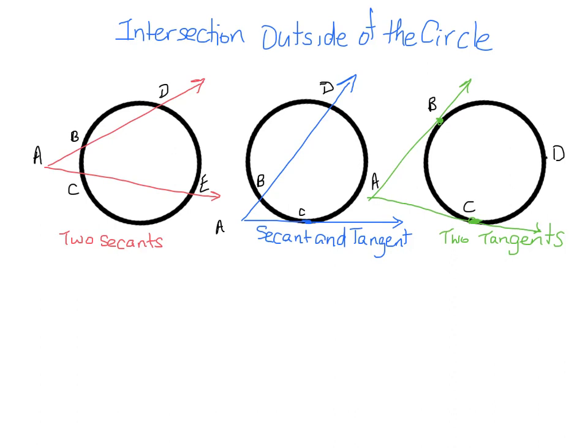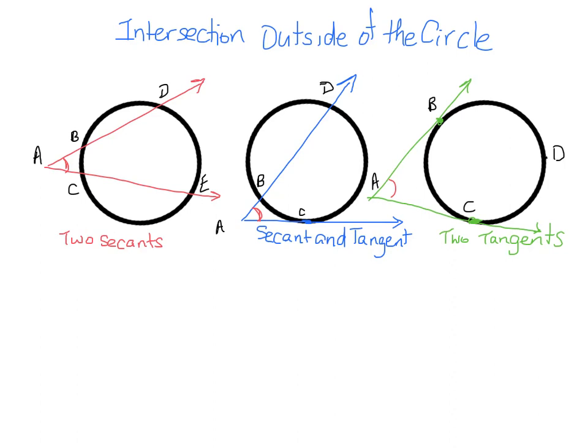So, if we want to find the angle of intersection that's created, if we want to find the angle A in each case, the angle is half the difference between the intercepted arcs. I will repeat, the angle is half the difference between the intercepted arcs.